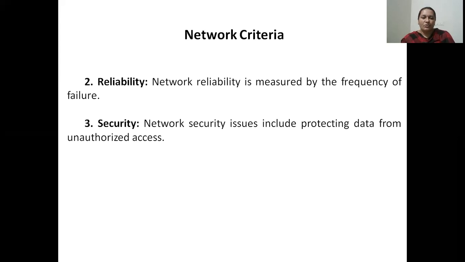So any network is responsible for providing security of data for the users. So the network should protect the data of its users from unauthorized access. Any data on the network should be allowed to be accessed by only authorized users. No unauthorized users should be allowed to access the network services.